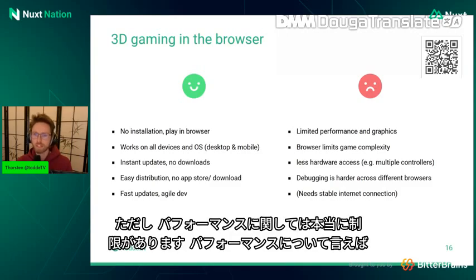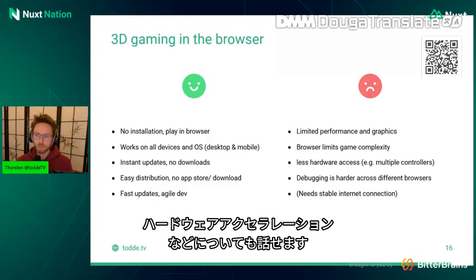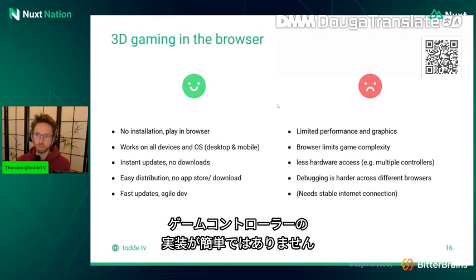But you are really limited when it comes to performance. And going into performance, we could also talk about the Draco compression to make models even smaller, or hardware acceleration or something like that. And also a big negative downside is that it is not as easy to get maybe a game controller working with it.